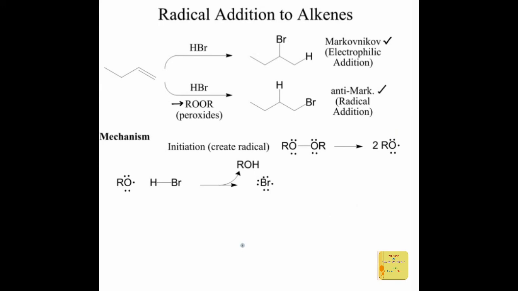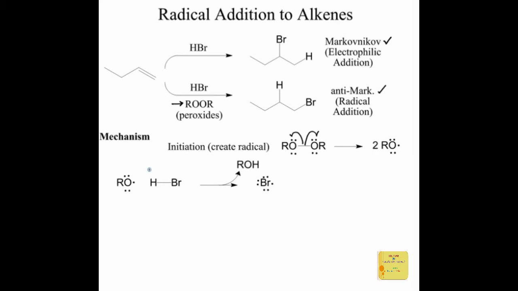Okay, as usual, our reaction has to start somewhere. We have to initiate a radical. Okay, that's the job of the peroxide. This is a radical initiator, and it's this oxygen-oxygen bond that's so weak and just loves to dissociate, cleave homolytically, and form two radicals, alkoxy radicals in this case. Okay, now we have a source of radicals, and our reaction conditions are we have an alkene and we have HBr.